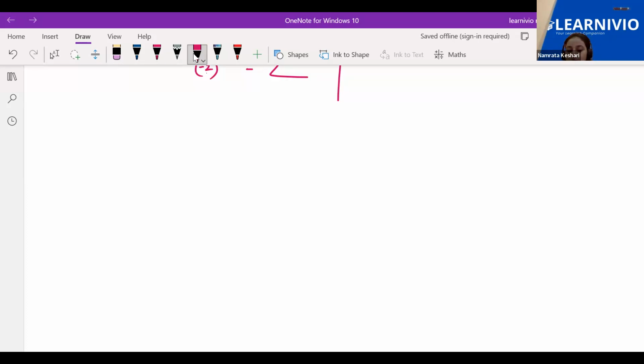So I'm checking the easiest possible way, which will help us create the concept, and you will be able to understand the concept in a better way.